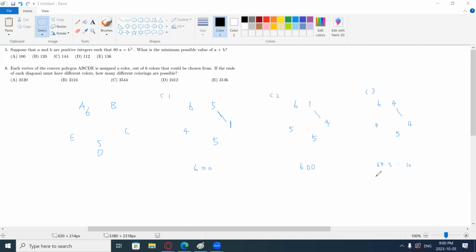Okay, so we can know that this would be 1,920. And if we add them all up, those 600 plus 600 is equal to 1,200. And we add these two numbers up, we would get A, which is 3,120.